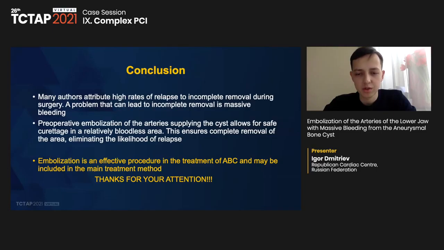This ensures complete removal of the area, eliminating the likelihood of relapse. Embolization is an effective procedure in the treatment of aneurysmal bone cyst and may be included in the main treatment method. Thank you for your attention.